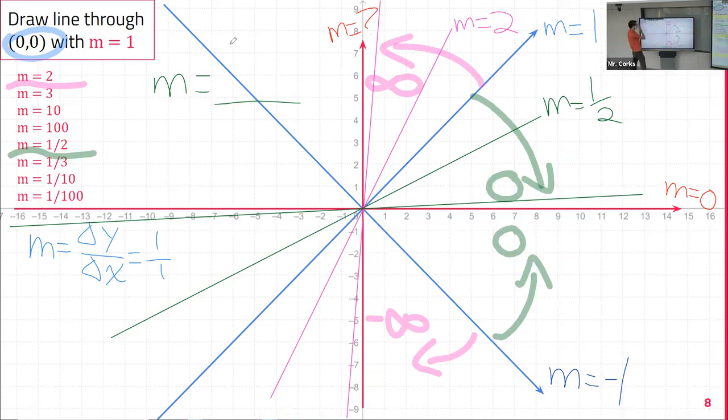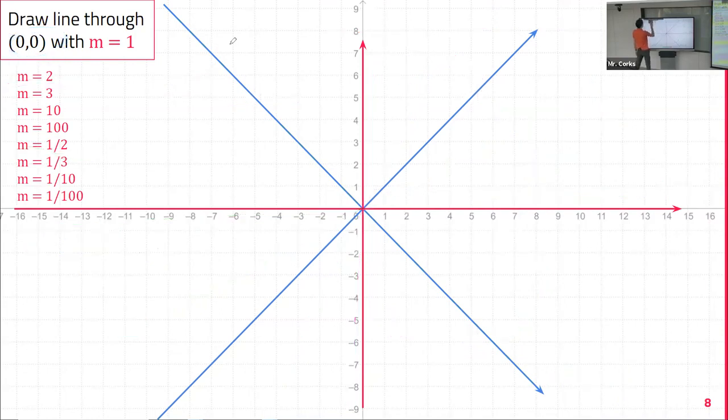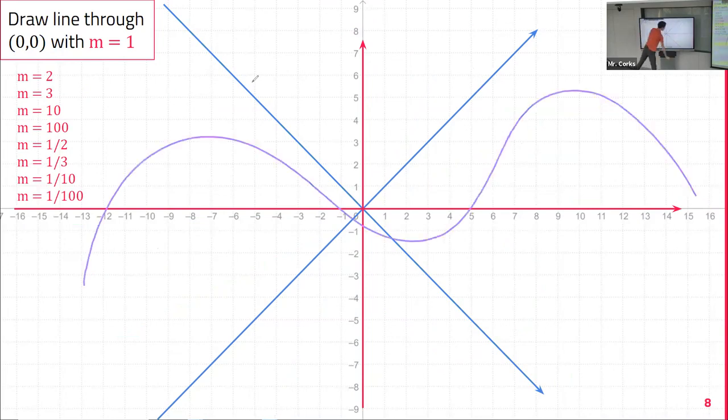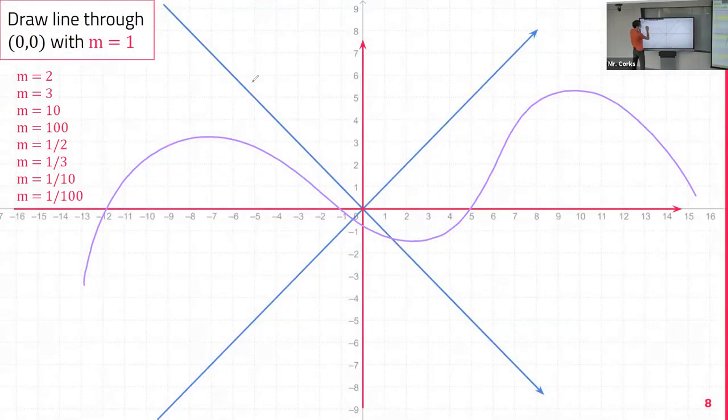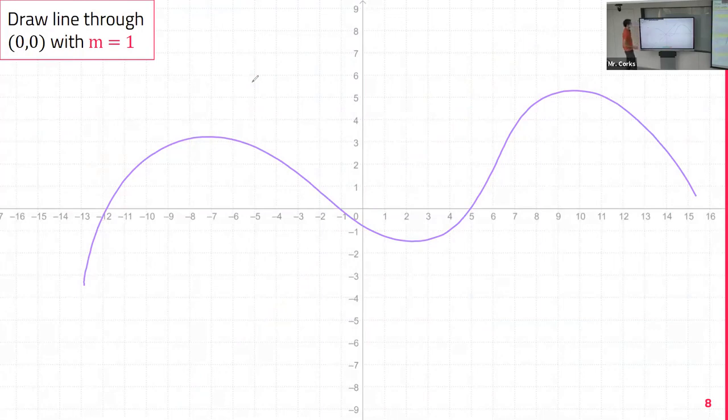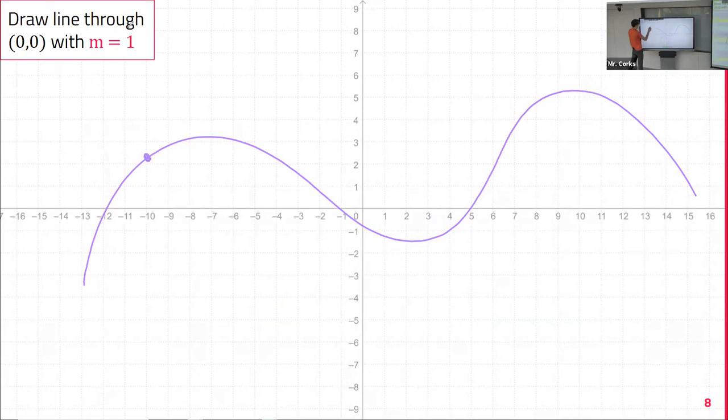So I know it's not really hard to think about this for straight lines, but if we were looking at some sort of curved function like this, then what we really want to be able to do is pick any point on this line, like right here, and make a guess: what does the slope look like there?